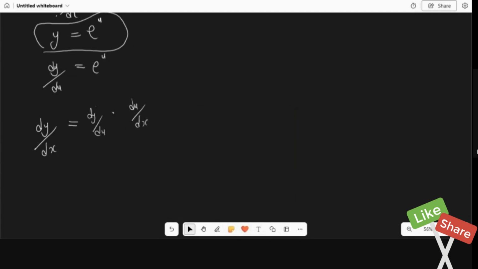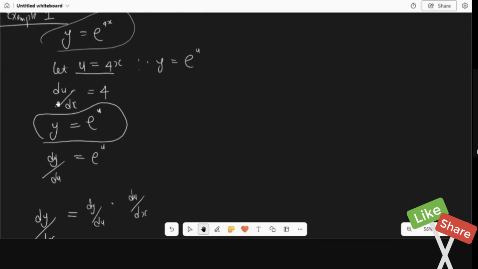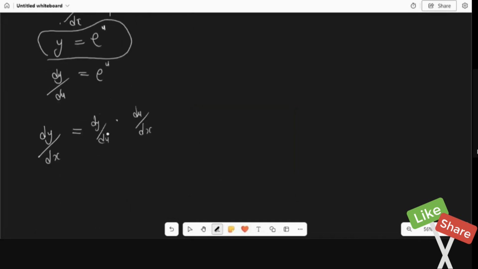Do you still remember where we got du over dx from? Look at du over dx here: 4. If we multiply them together, we cancel them out and end up with dy over dx. That's the chain rule. So dy over dx is equal to e^u multiplied by 4. Therefore, my final answer will be 4e^u.